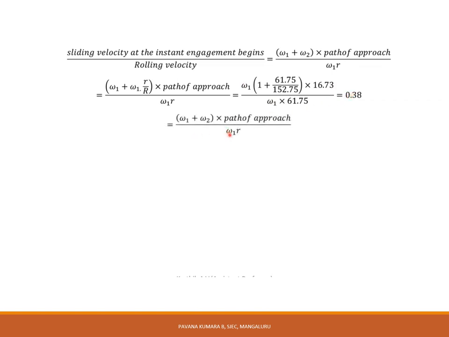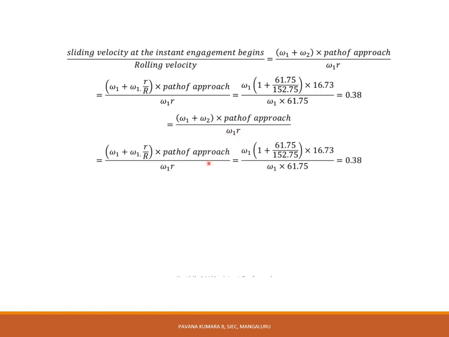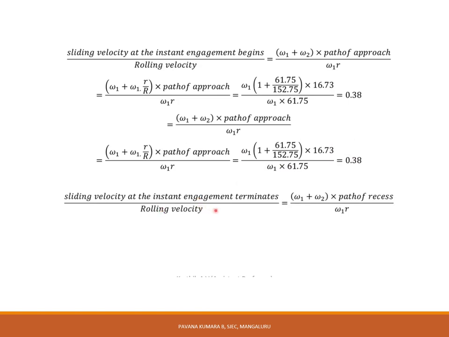Next, similarly path of recess. This is already done, so sliding velocity at the instant engagement terminates, this was engagement begins. To find out engagement terminates, it is the same thing, but with path of recess.